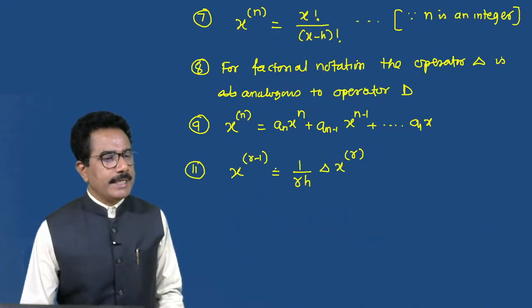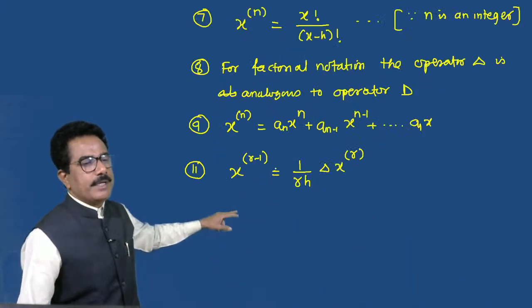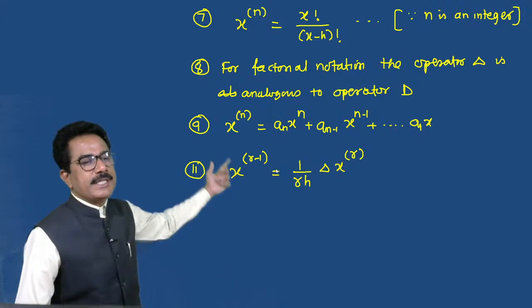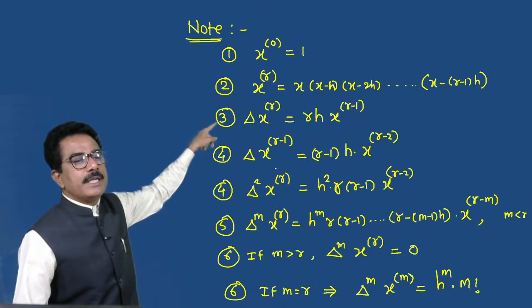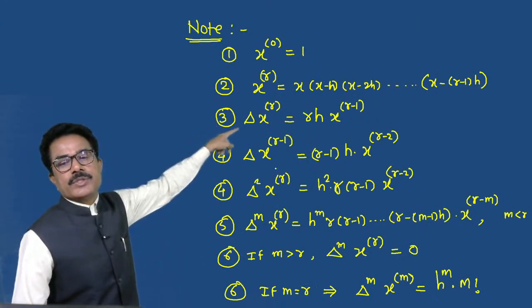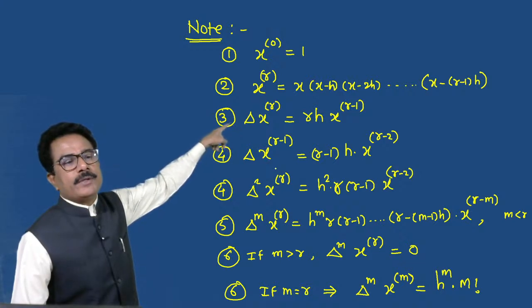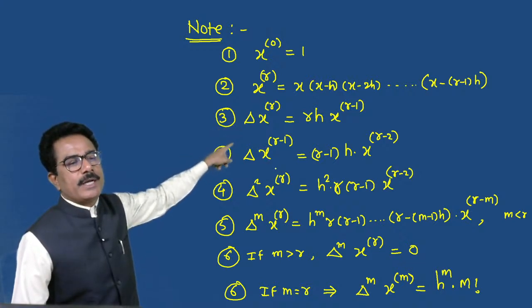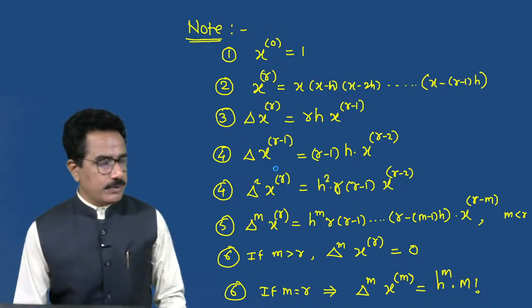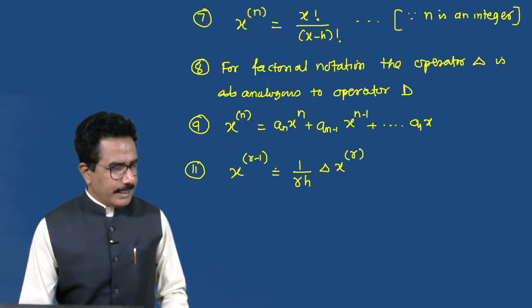Sorry, delta नाही, eta आहे. Here this 11 number relation is obtained from the relation number 3. X to the power factorial r minus 1 can be written as 1 upon rh delta x to the power r. हे लक्षात ठेवा, हे फॉर्म्युले तुम्हाला माहित पाहिजेत.